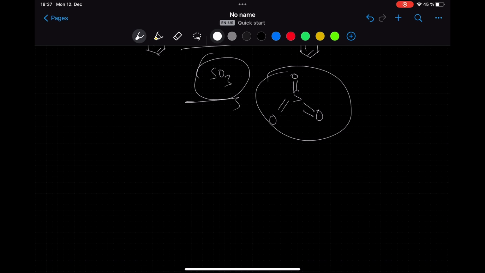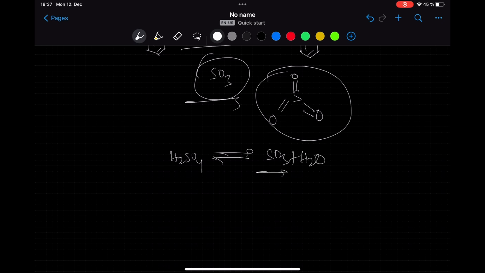Now, we're adding this fuming sulfuric acid, or let's say sulfuric acid is constantly in equilibrium with sulfur trioxide and water. So if you add more sulfur trioxide, you'll form fuming sulfuric acid. And in the lab, when you see something written fuming sulfuric acid on a container, that means that the reagent is sulfur trioxide. And you can shift the equilibrium by adding more sulfur trioxide to form fuming sulfuric acid.